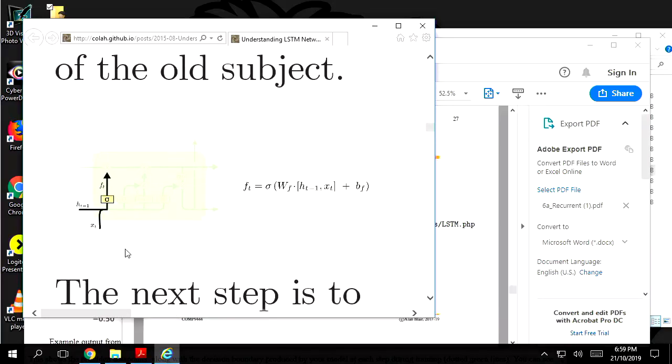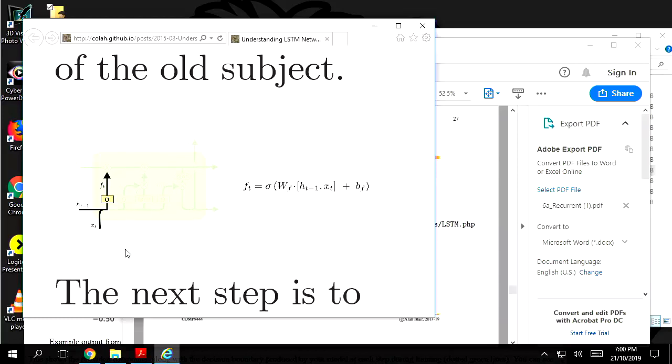All right, so this is the forget gate. So this is a sigmoid. The actual hidden units vary between -1 and 1, with this tanh. There's a certain number of hidden units, and each one varies between -1 and 1.